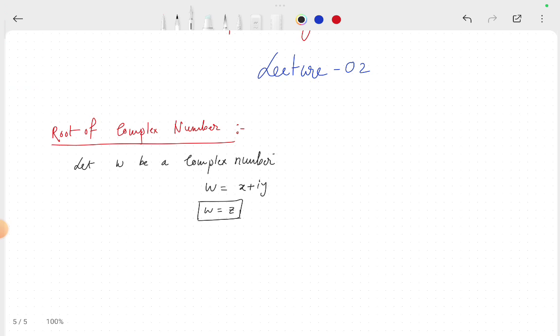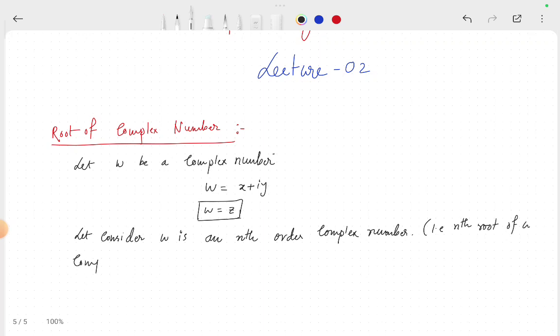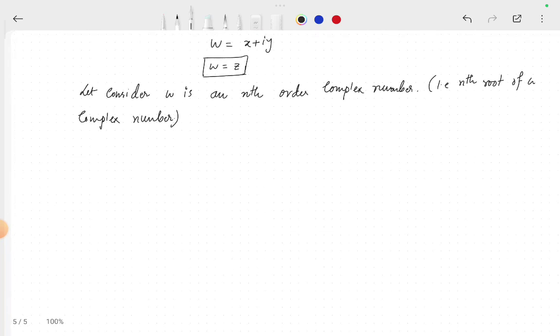Let omega be an nth order complex number, that is, the nth root of a complex number.